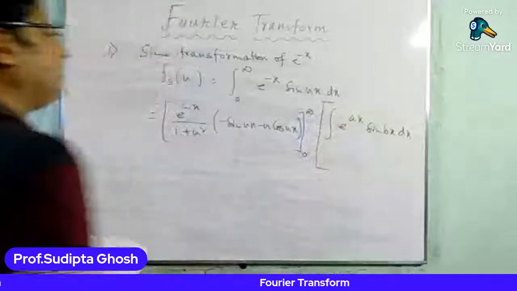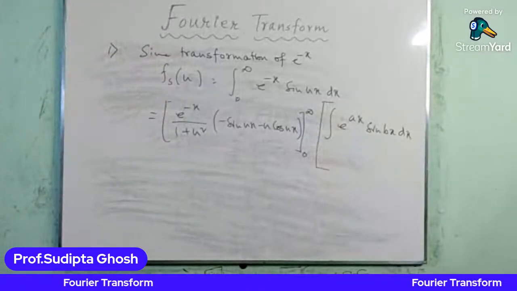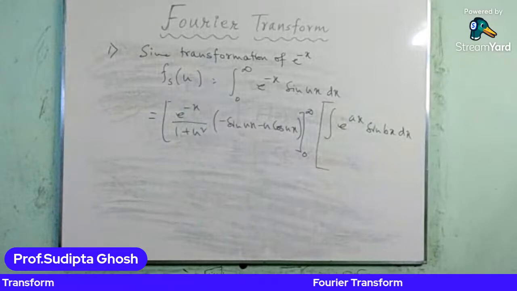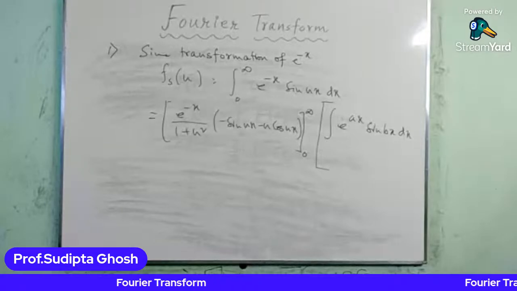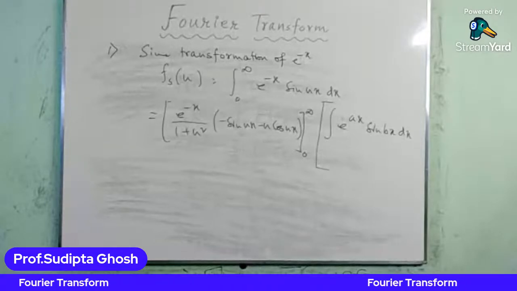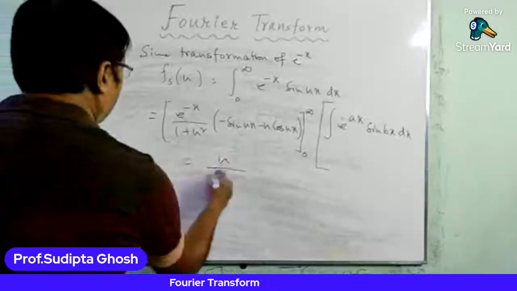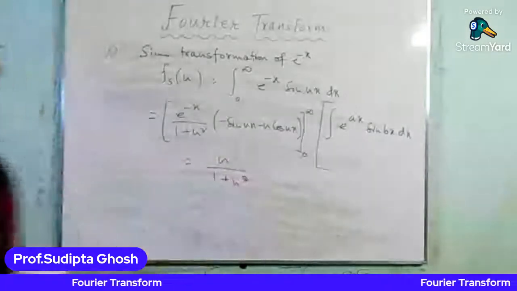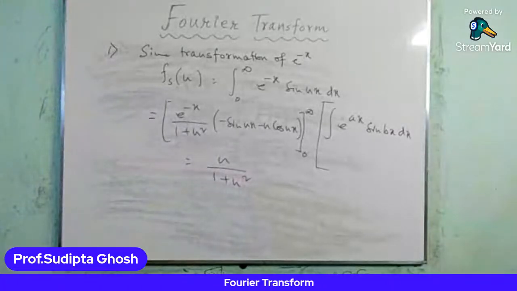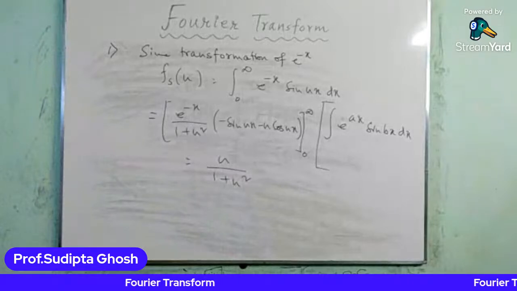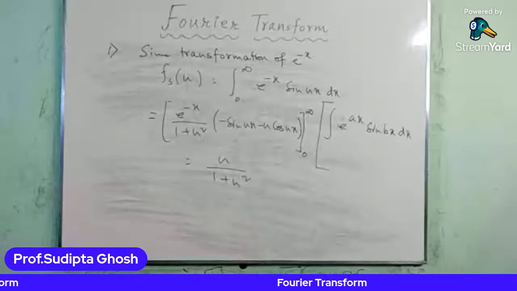You can use the particular value of the integral, or you can execute this integration by the by parts method. Now putting the limits infinity and 0, we have n by 1 plus n square. So that is one example of the infinite sine transformation.